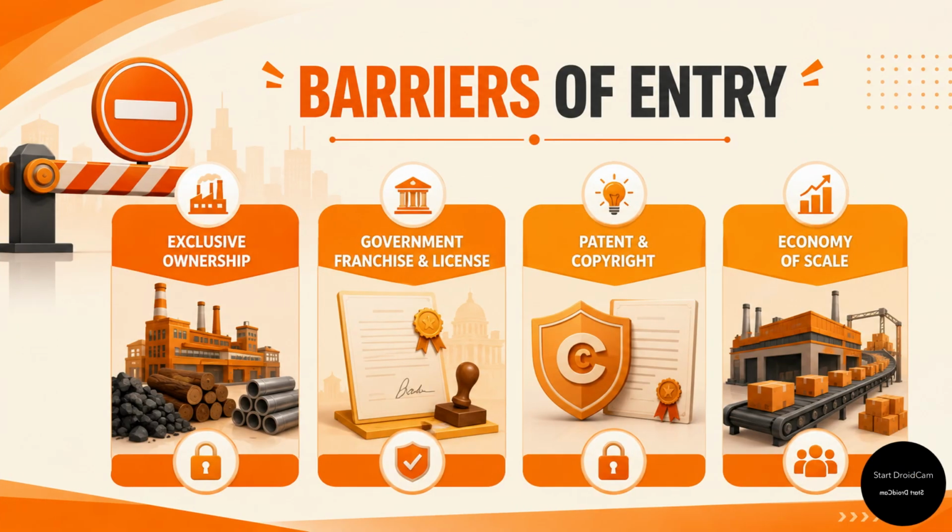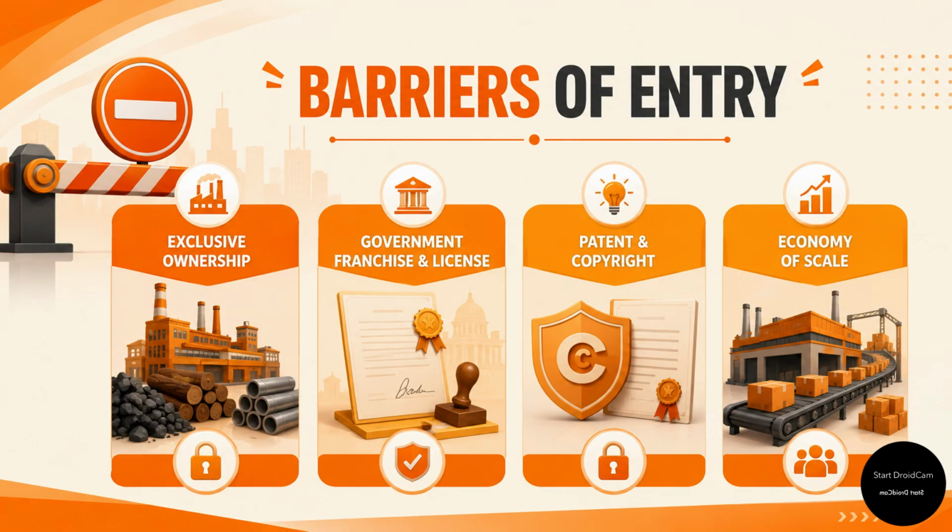So, what actually prevents new firms from entering a monopoly market? This slide shows four important barriers. First, exclusive ownership. The firm may control an essential resource needed to produce the product. Second, government franchise or license. In some industries, only authorized firms are allowed to provide a particular service.